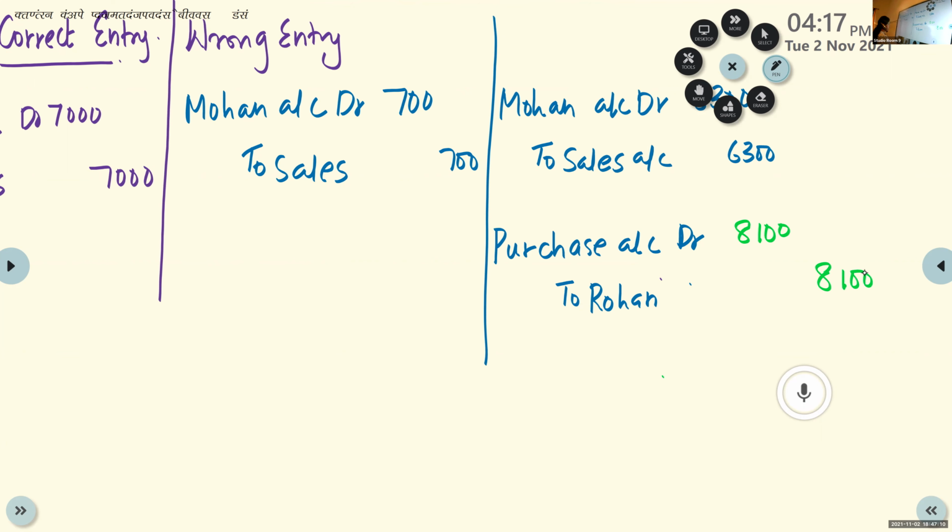What is the third one, Rahul? Rakesh account 3,600 to purchase return 3,600. Right. Rakesh account debit to purchase returns 3,600. Okay.